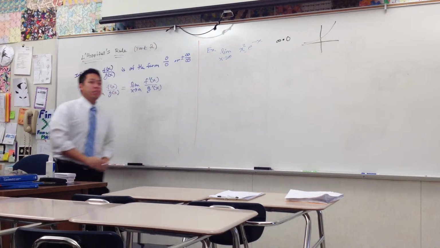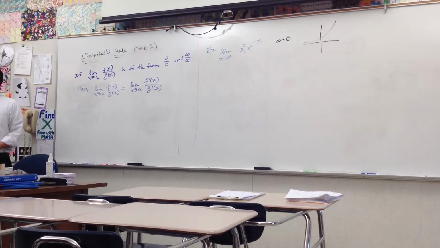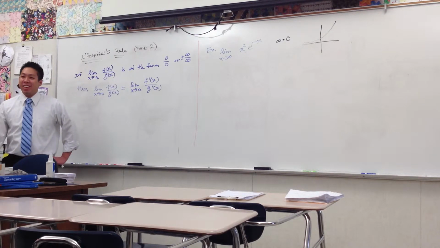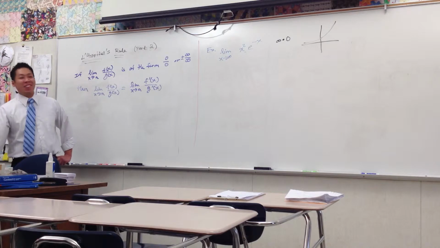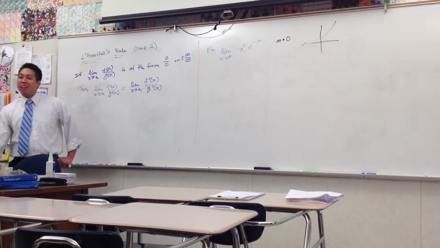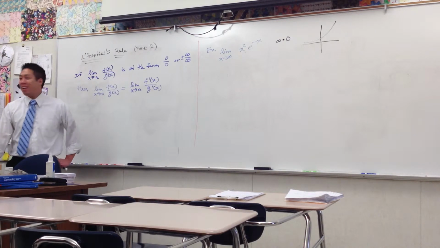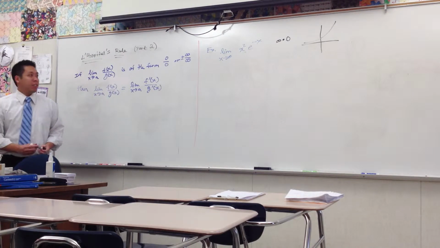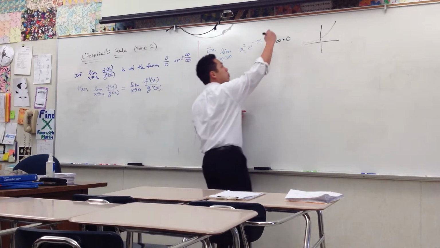So this limit is infinity times 0. So what's infinity times 0? It could be infinity, could be 0, or it could be 5, could be 10, could be 11. It depends, right? So this is also indeterminate.